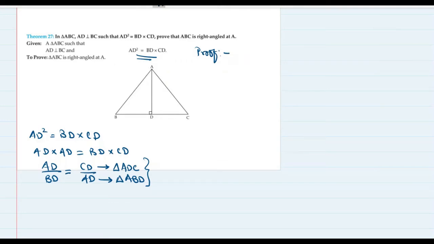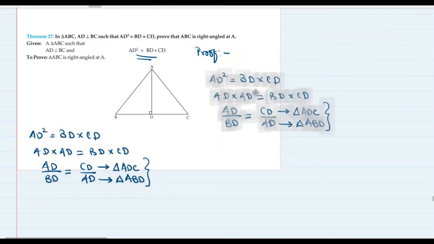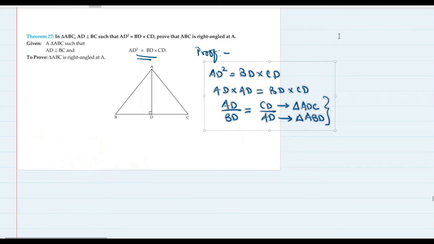I'm going to write the same thing which I have written over here in the backdoor technique, except one thing. I'm not going to write this thing. So I'm just going to write AD upon BD is equal to CD upon AD.